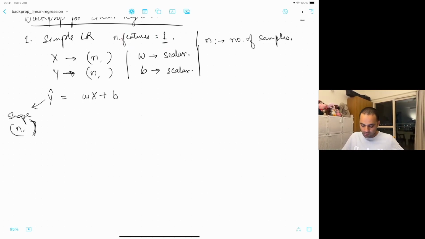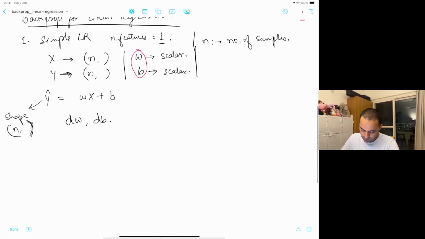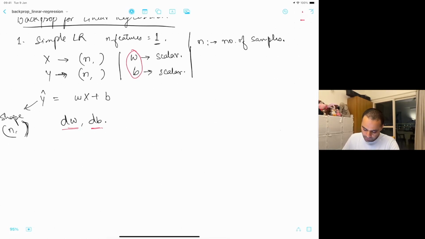Okay, so now what we want to do is we need dw and db. Because these are the parameters of our model, we need to update these parameters, so we need gradients for them.